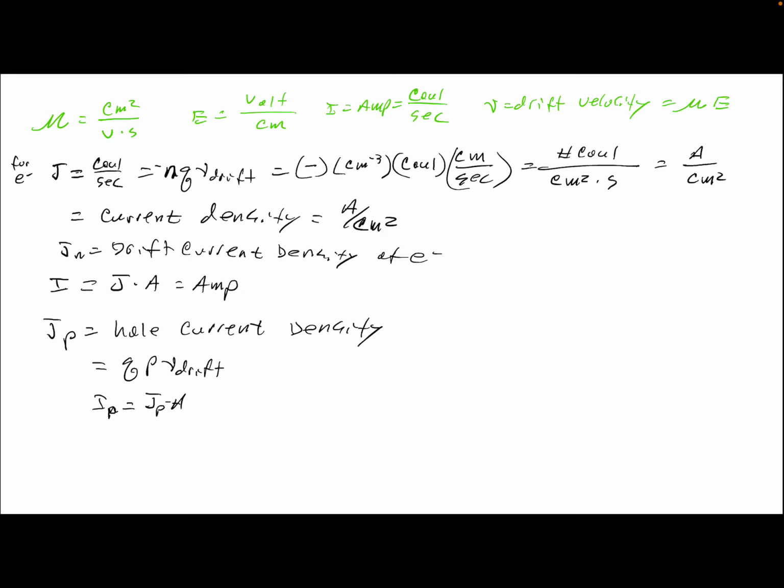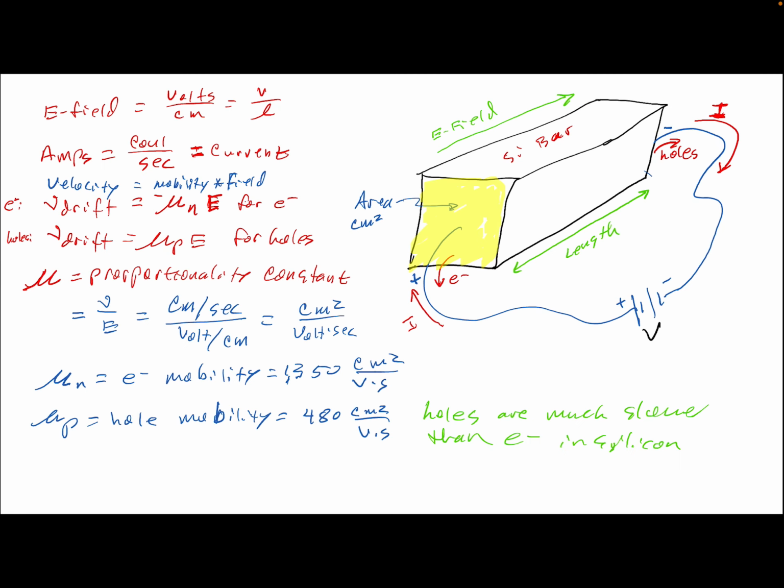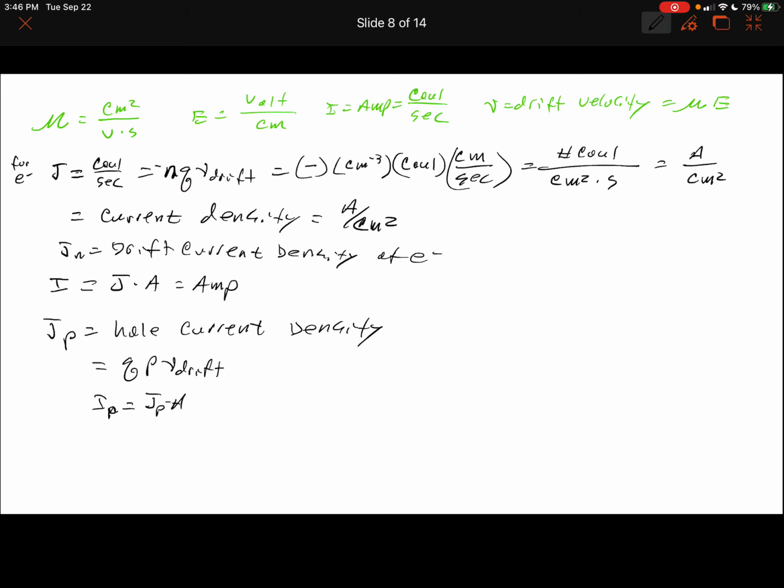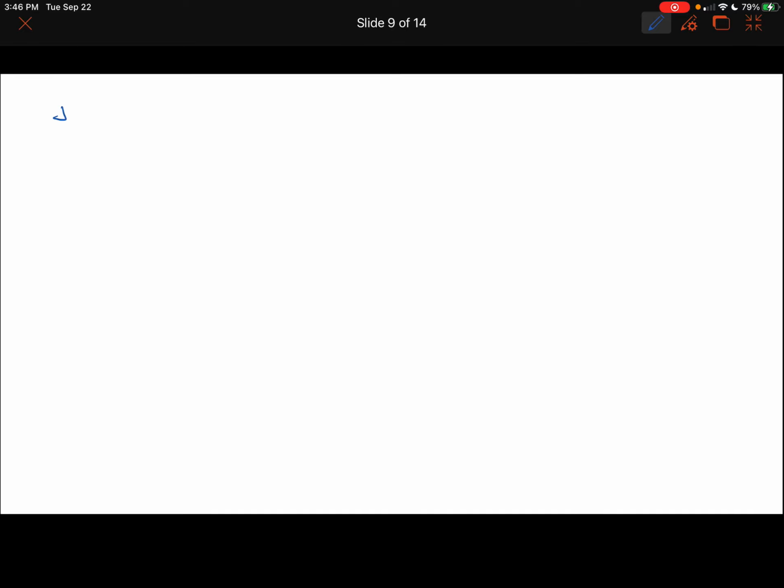Now, we don't actually know velocity, right? We usually don't know this number. We could calculate it, but we don't usually know that. But we know mobility, and mobility connects velocity and electric field. Electric field is volts per distance. So J sub n is equal to minus Q times n times the drift velocity.